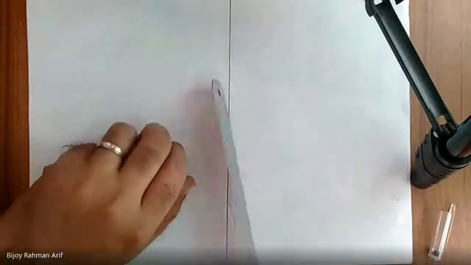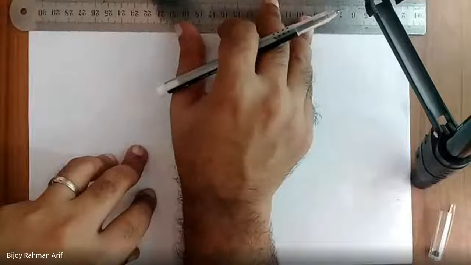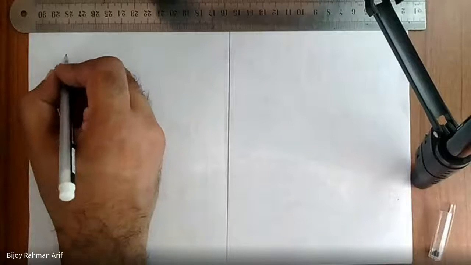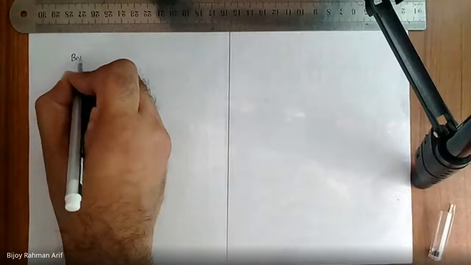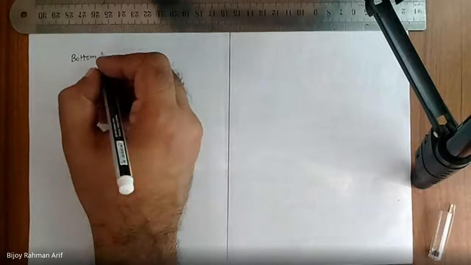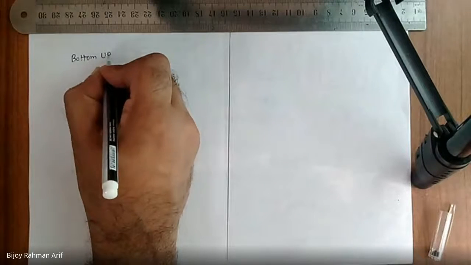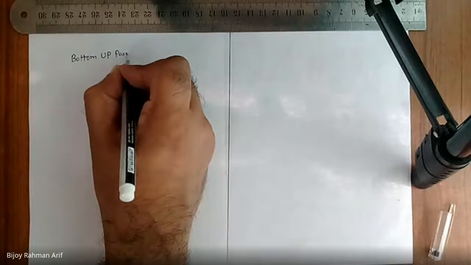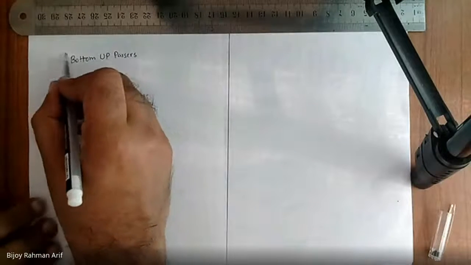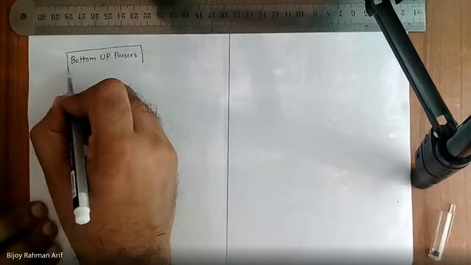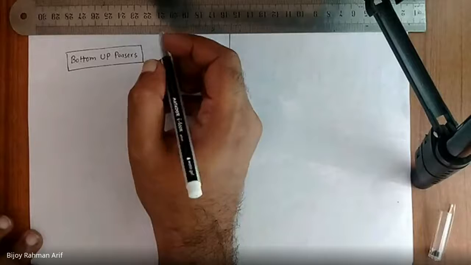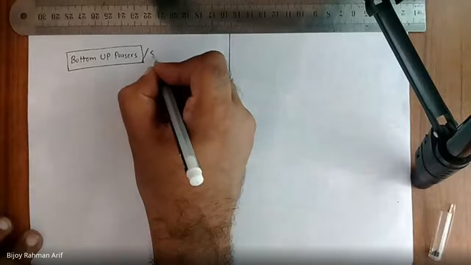So we have started the bottom up parser. It is something like this. We have bottom-up parsers. What is the alternate name for bottom-up parsers? SR parsers.